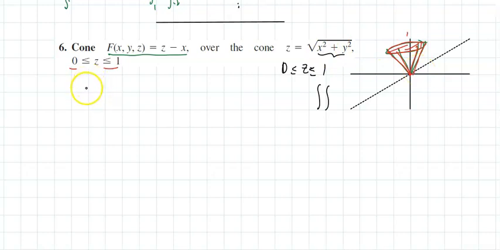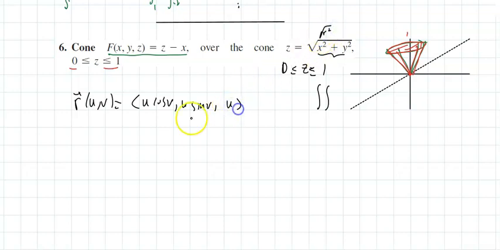So instead, I could say, you know what? I could say let r of u and v be u cosine of v, u sine of v, and isn't this z equal to u? You could leave it in terms of r and theta if you wish.